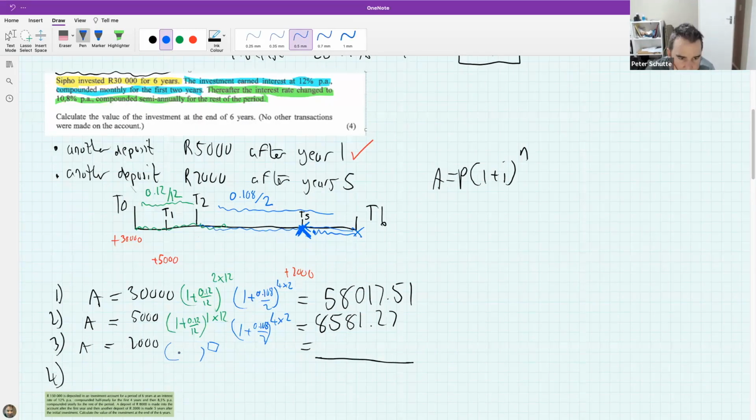So what was the interest rate here? It was a half yearly rate over 2, but it only gets to grow for 1 year. So we go 1 times 2.